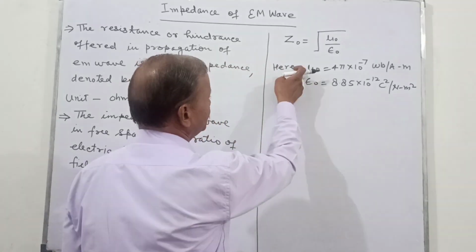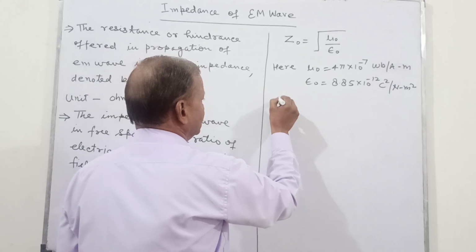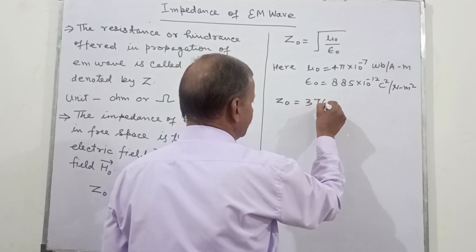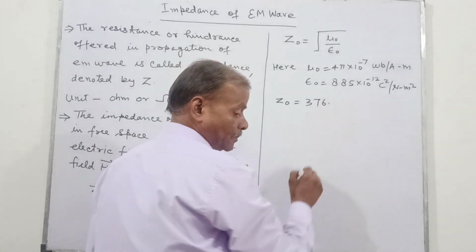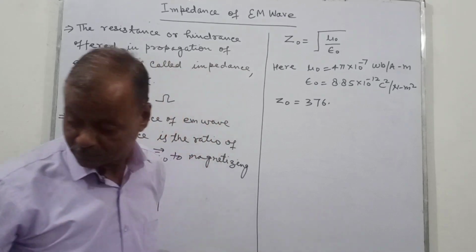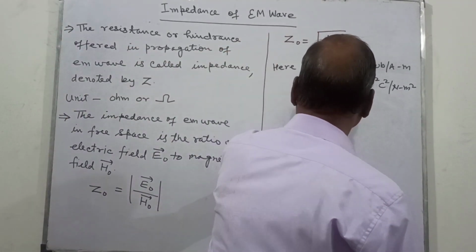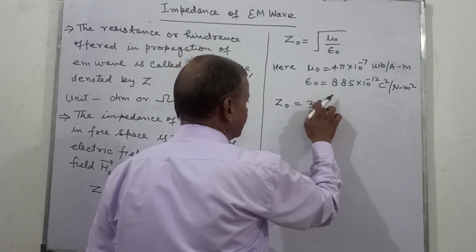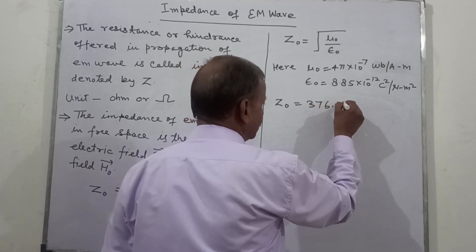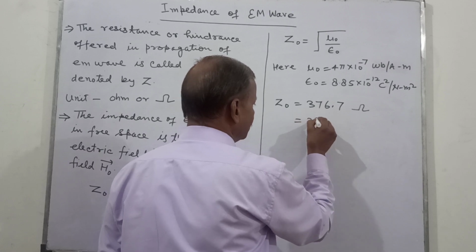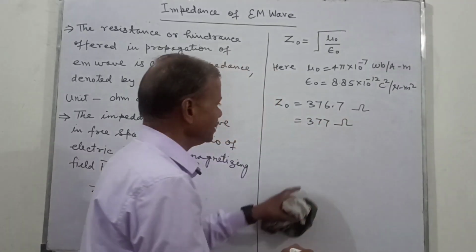So if we put these values in this relation, then Z equals 376.7 ohm, or approximately 377 ohm.